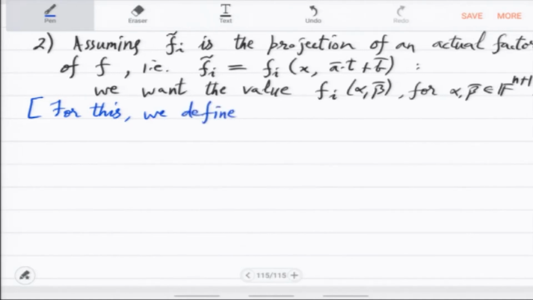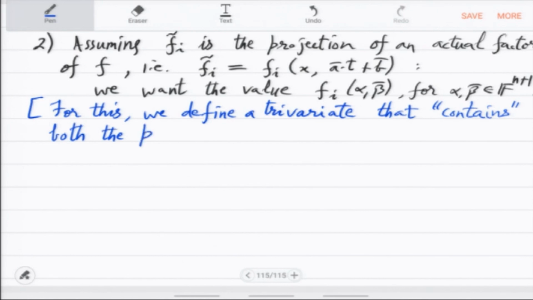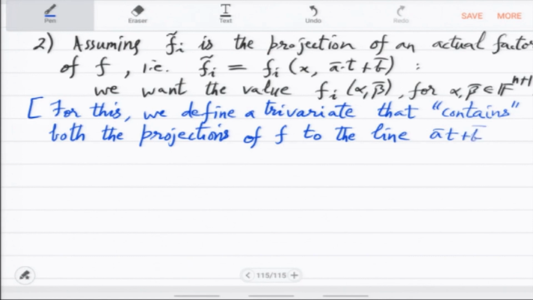So we define a trivariate that contains both the projections of F to the line a bar t plus b bar, and it also contains the point beta bar.